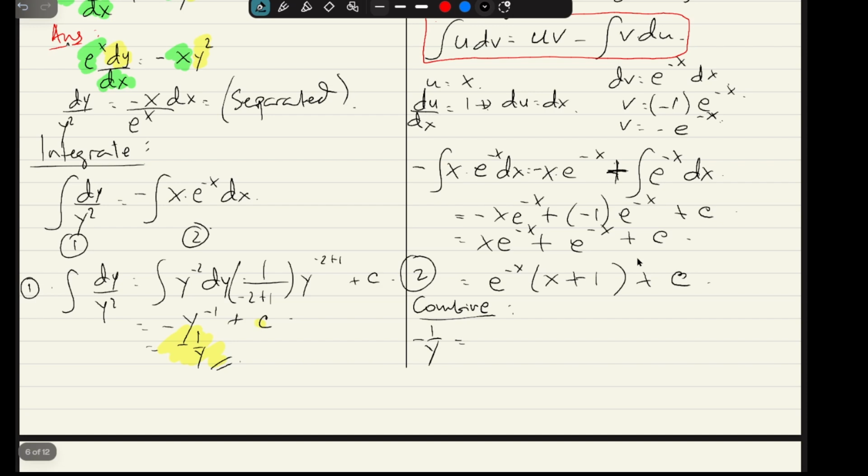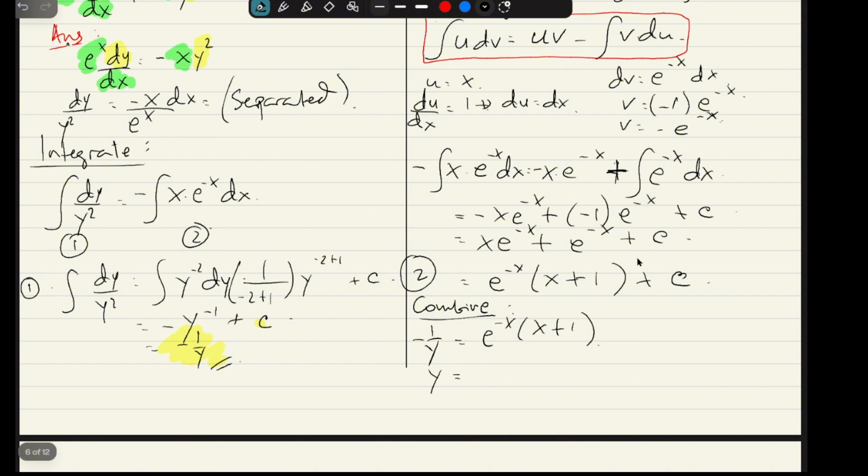E to the negative x, x plus 1. So ideally we have to get rid of the negative sign in the beginning. So if we rearrange this further, bring the whole thing to the left hand side, so y goes to the right hand side, imagine like that.